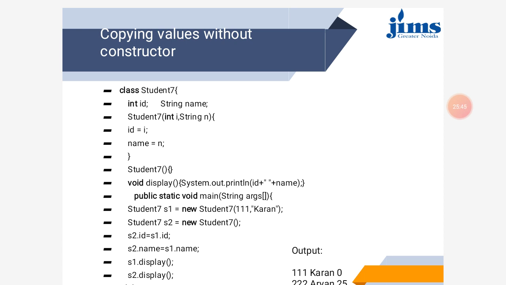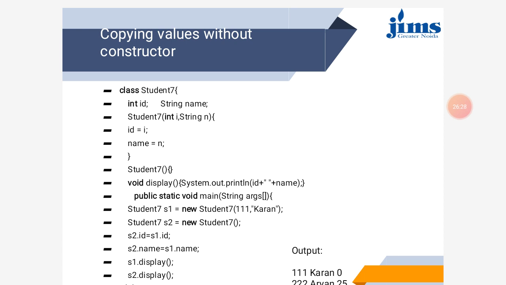In this case also we are using one constructor, and the second constructor is blank. I mean, we are not giving any body to this constructor, and we are mentioning one method. And what we are doing here, we are creating two objects s1 and s2. And how do we initialize the instance variable of the s2 object?